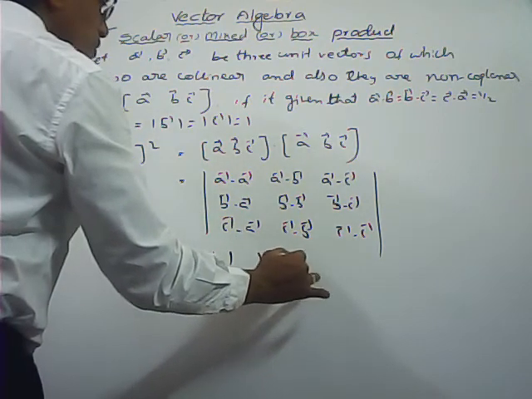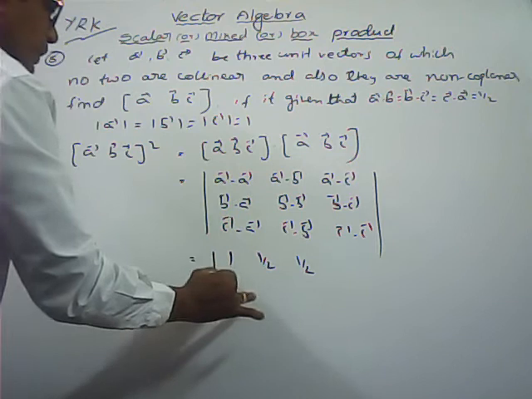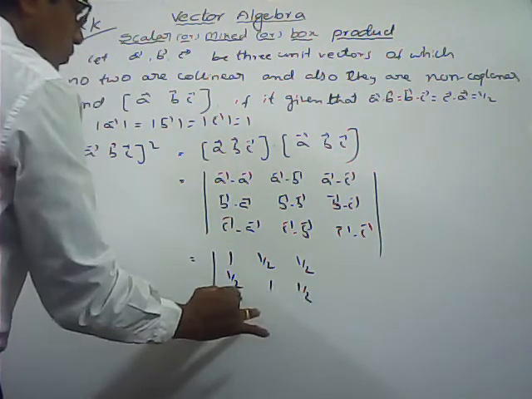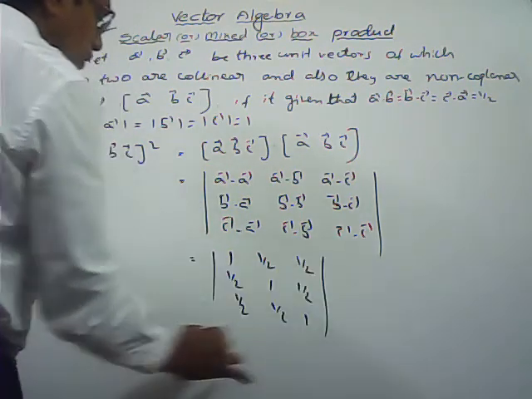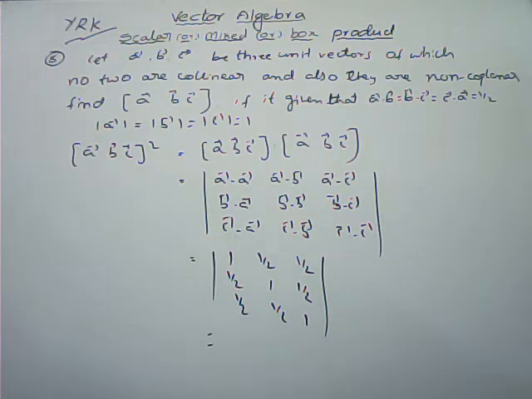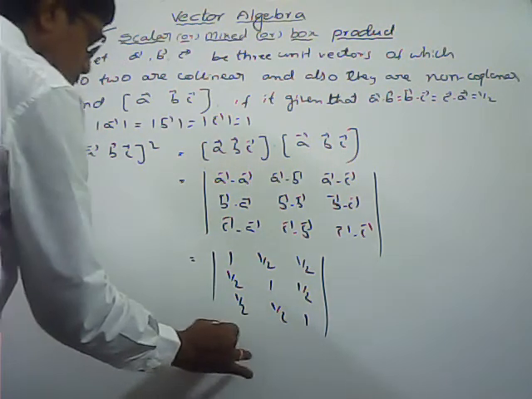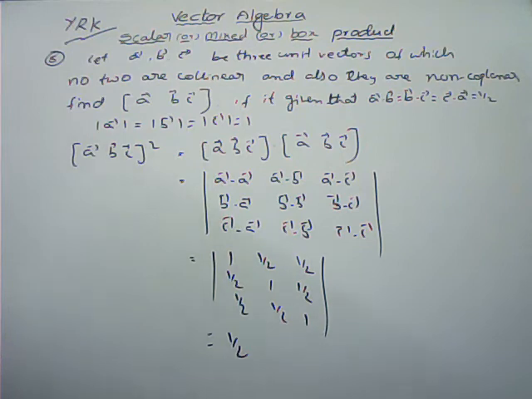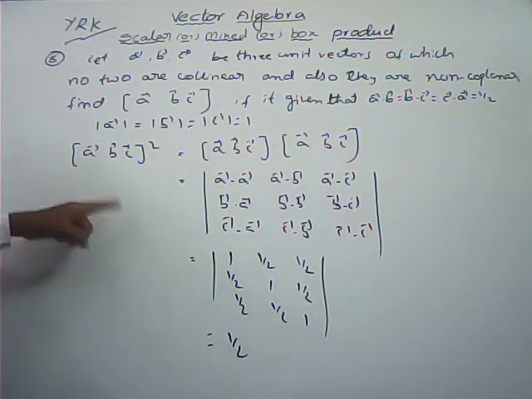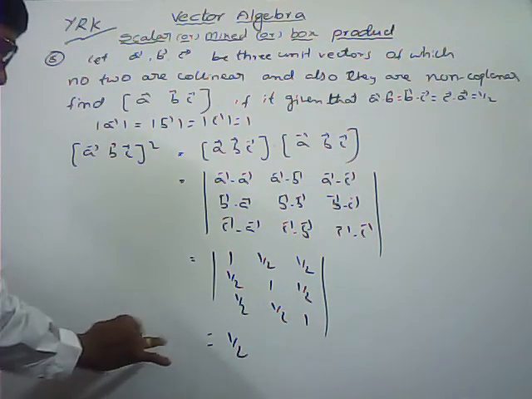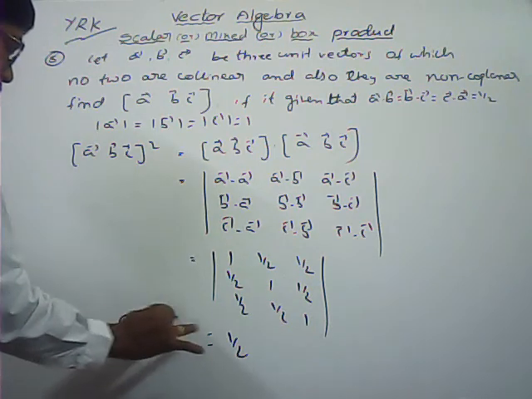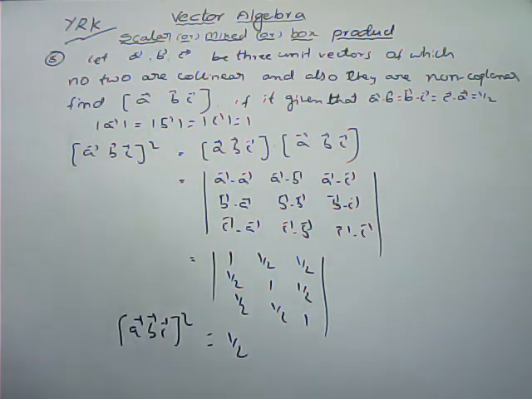Here A bar dot C bar 1 by 2. 1 by 2, 1, 1 by 2. 1 by 2, 1 by 2, 1. That one you can expand. Here you can get a 1 by 2. That is the value of box ABC whole square. So box ABC equals plus or minus 1 by root 2.